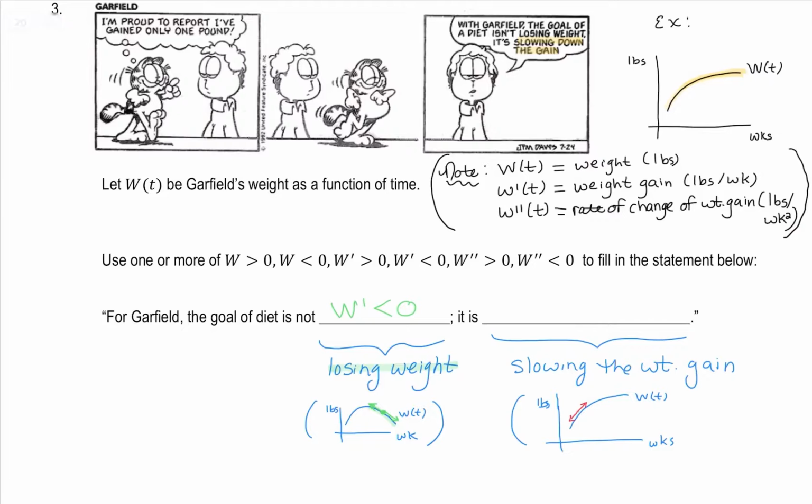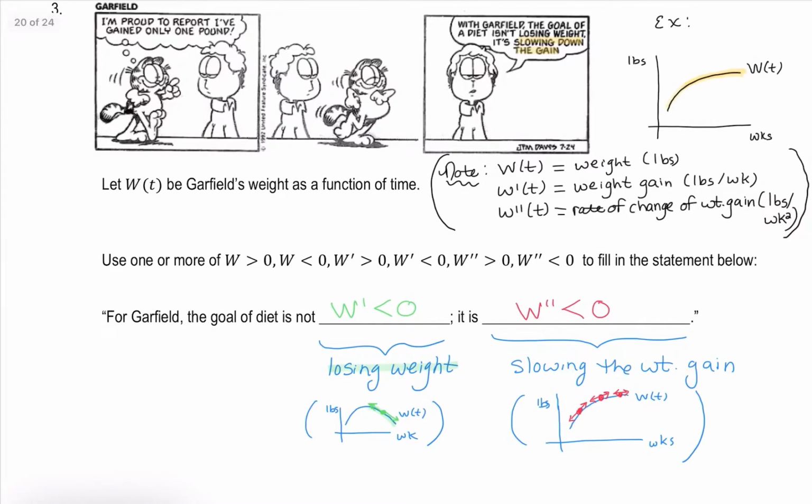The slopes of the tangent lines, the w primes, are actually decreasing. The rate of change of the slopes of those tangent lines is decreasing, they are getting smaller. So our second derivative is less than 0.